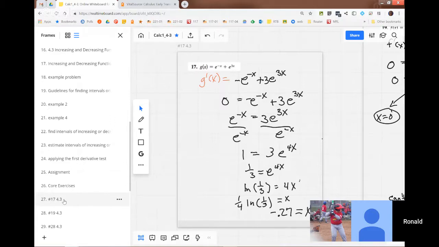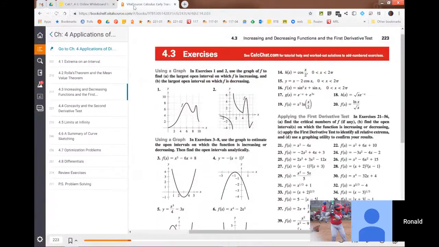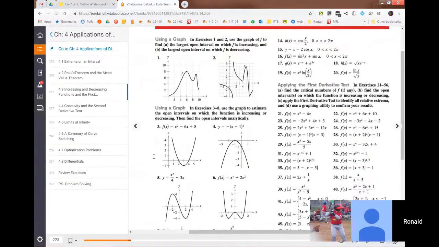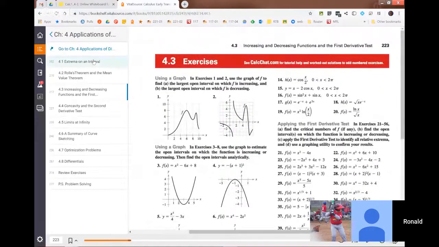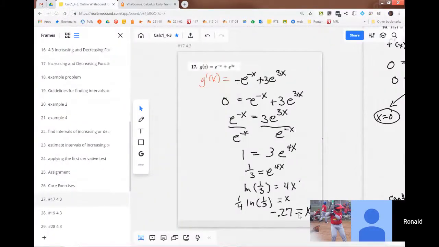Looks like I only found one at -0.27. So what I didn't do now is the last part. Let me just go back to the directions here. 17. So we only have 1 point here. That means we just have 2 intervals, right? To the left of -0.27 and to the right of it.